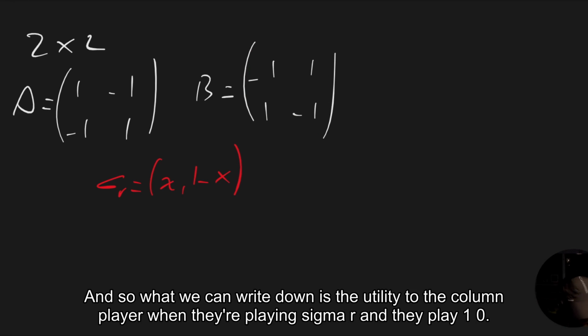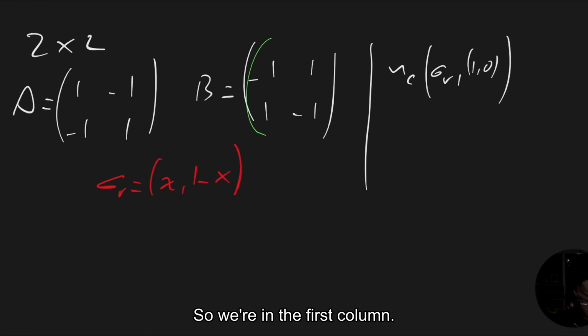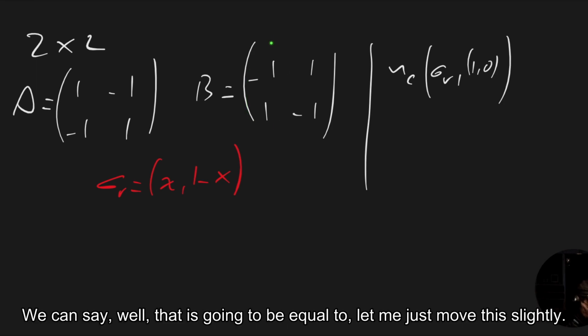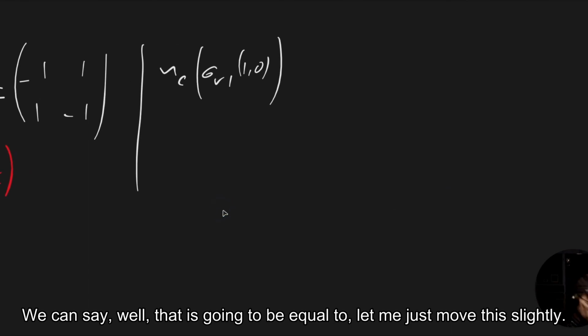And so what we can write down is the utility to the column player when they're playing against sigma R and they play (1, 0), so we're in the first column.